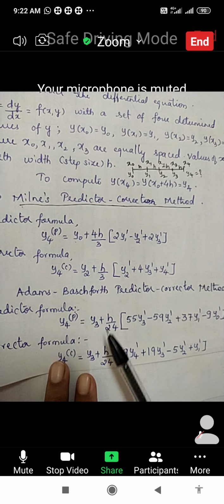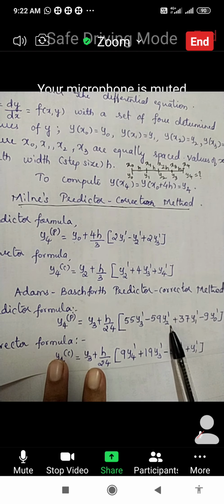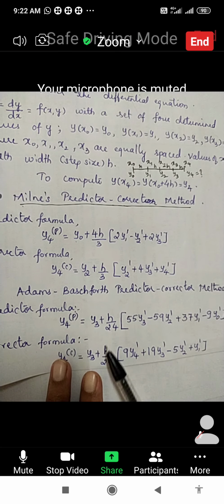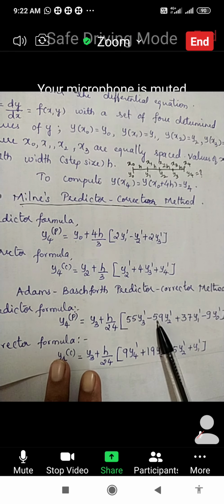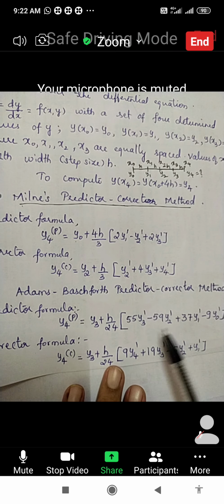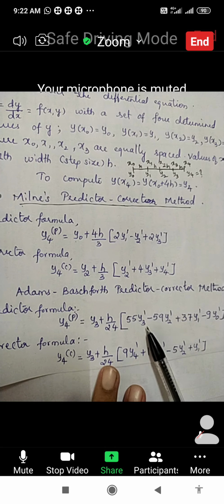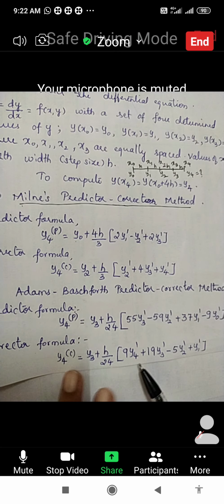But in Adams-Bashforth, we have reverse order. The h by 24 quantity is the same, and you need to remember the coefficients 55, minus 59, 37, minus 9, along with the y dash values. These subscripts are in decreasing order: y3 dash, y2 dash, y1 dash and y0 dash.